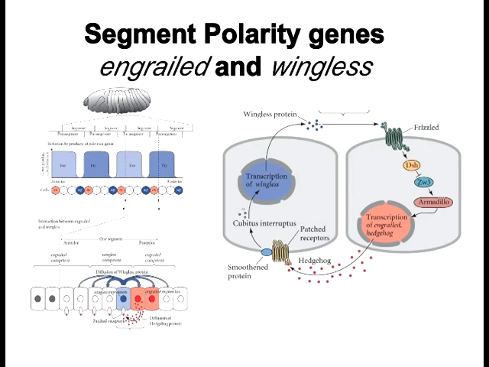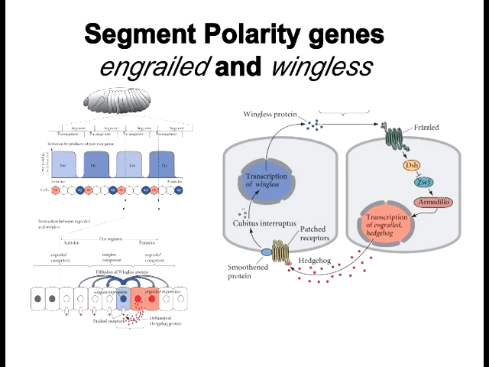So the cells that express Wnt are in areas that don't have any fushi tarazu or even skipped protein. They're in these gaps right between these pair-rule genes. That's why I brought those two up.